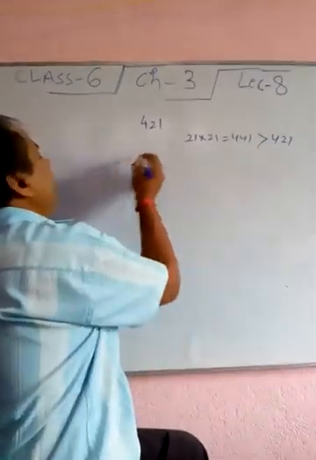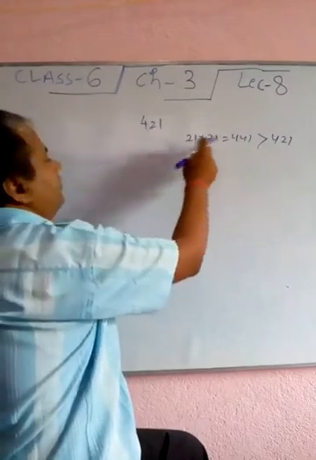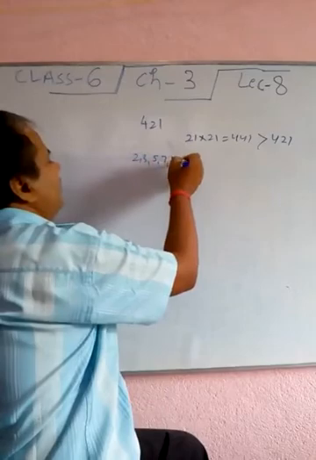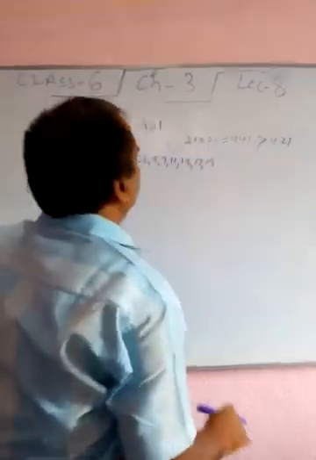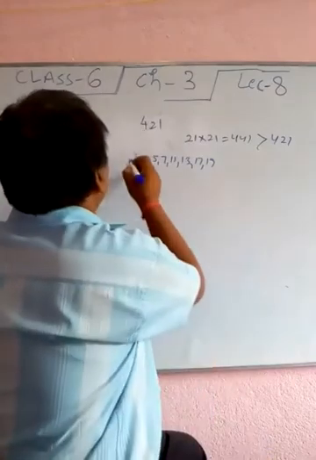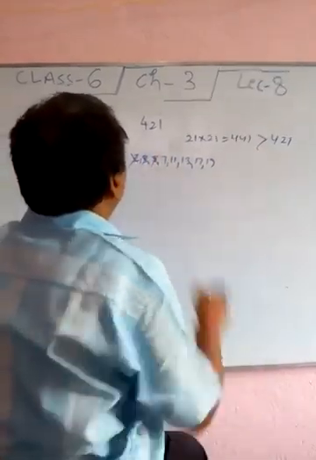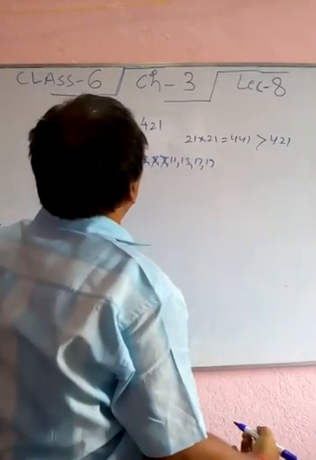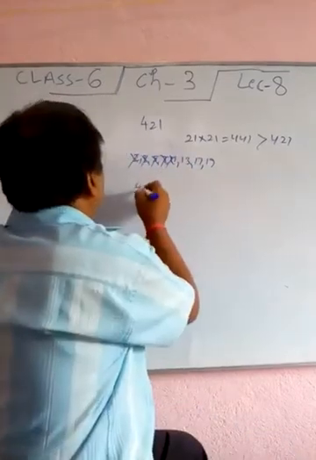So we have to check the divisibility of this number by the prime numbers less than 21: 2, 3, 5, 7, 11, 13, 17, 19. 2 is not possible, 3 not possible, 5 not possible, 7 not possible, 11 not possible.